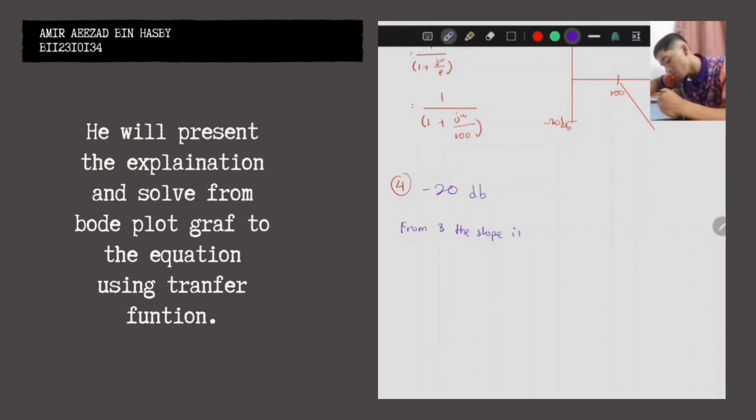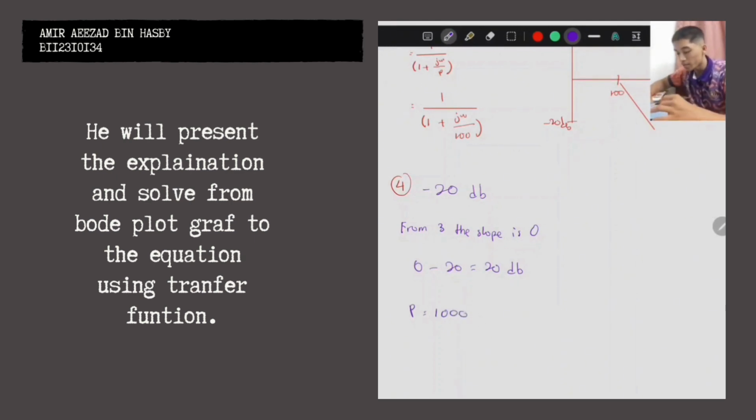So 0 minus 20 dB equals negative 20 dB. And the graph starts to change from 1000, so P is 1000 omega.